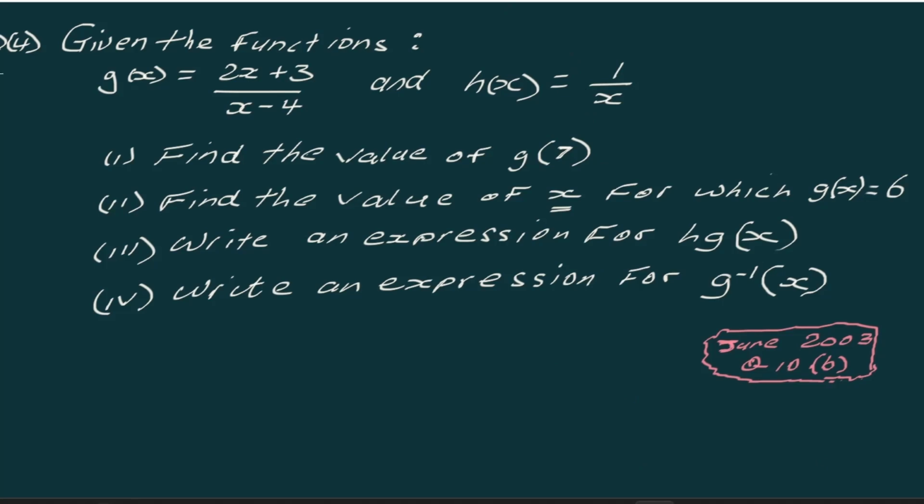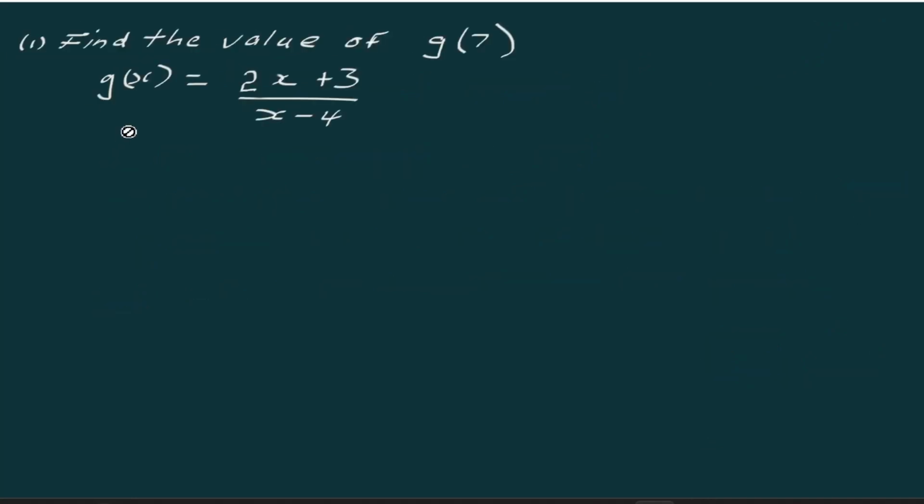Okay, looking at question 4, given the functions, we have to answer the following questions here. This is taken from the June 2003 question 10 part B. So question 1, we have to find the value of g(7).